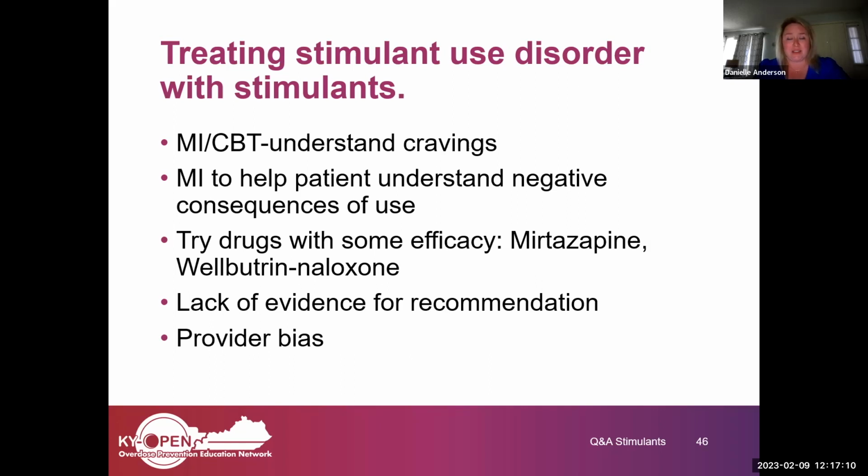And in this case, if the provider is absolutely against providing Suboxone, or buprenorphine, while the person is still using stimulants, it's something that we're working on. We may need to find a provider who is willing to work with the patient on both the stimulant use disorder and the opioid use disorder.